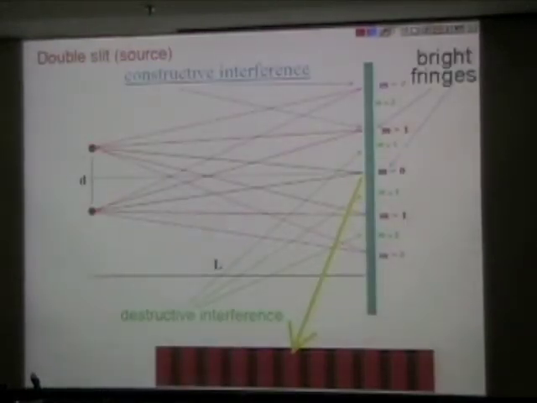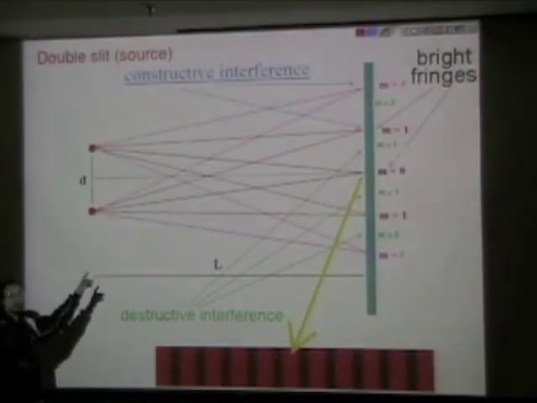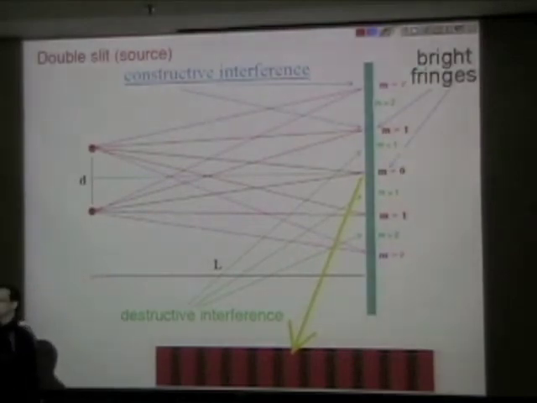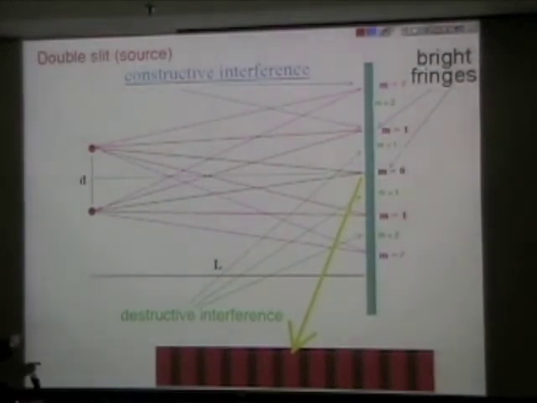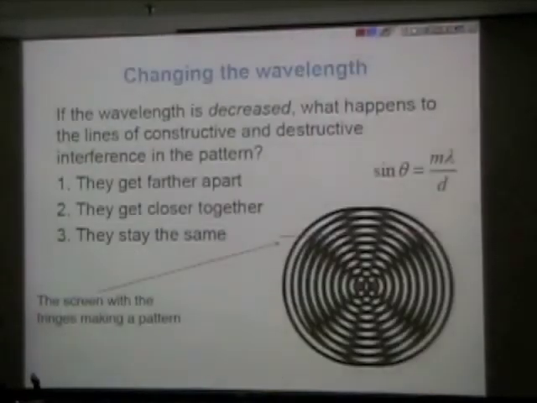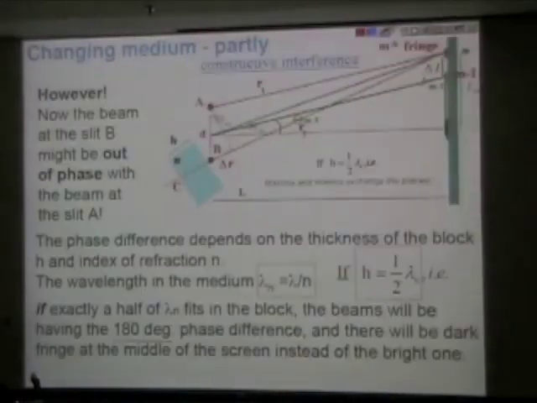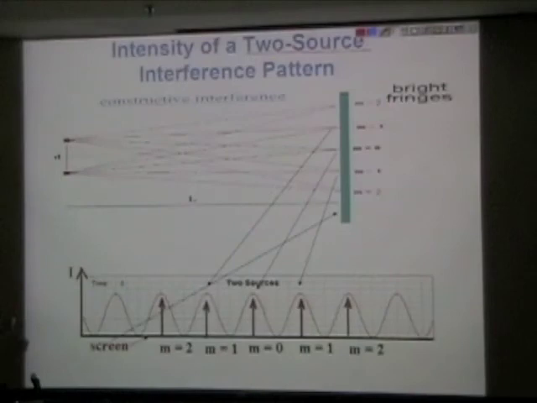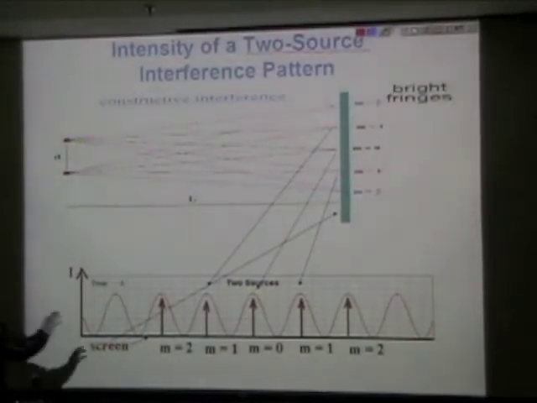So on a screen, the difference between this theoretical prediction and the actual picture is that here we are assuming we're dealing with two sources, two light sources. In the actual experiment, we're using two slits. The difference is that for two sources, the intensity of light is kind of evenly spread around.